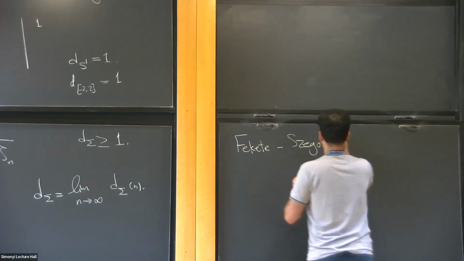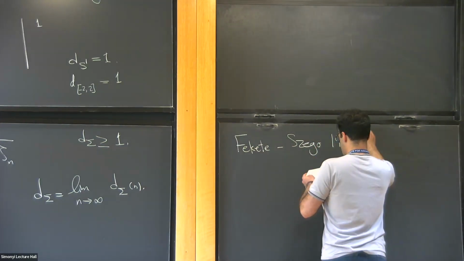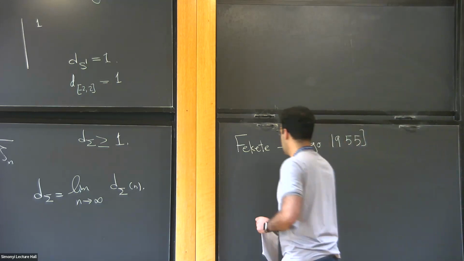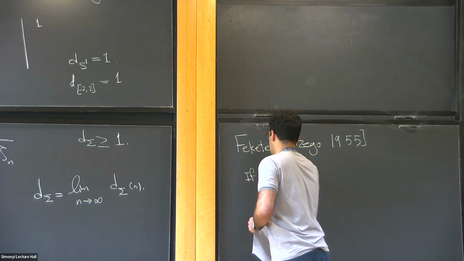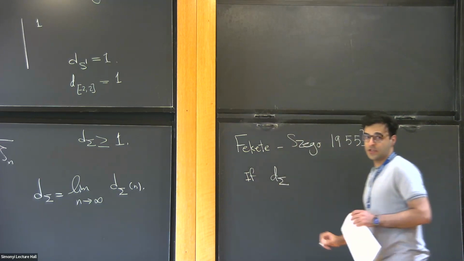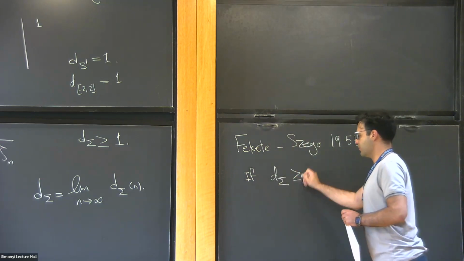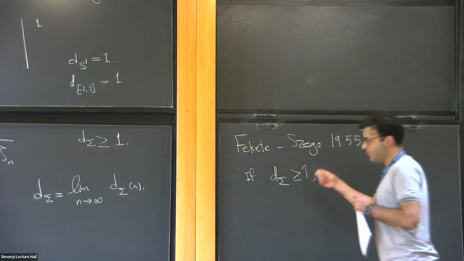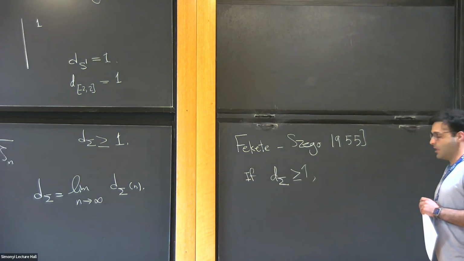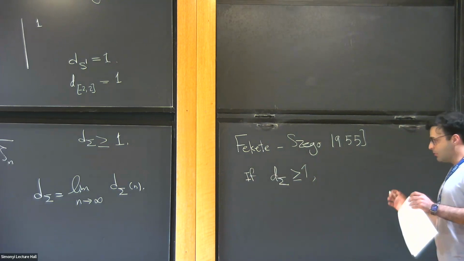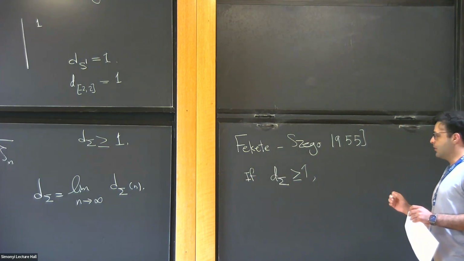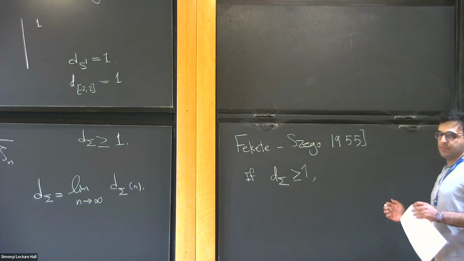So this is 1955. What they prove is that if you start with a compact set with transfinite diameter bigger than or equal to 1, the necessary condition, then sigma might not have infinitely many. But every epsilon neighborhood of sigma contains infinitely many.